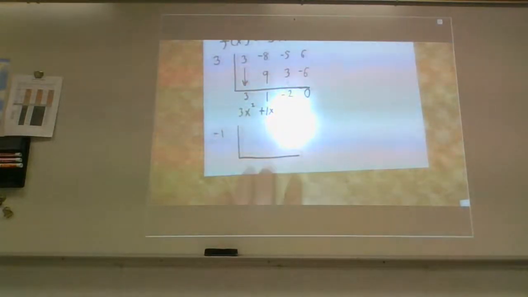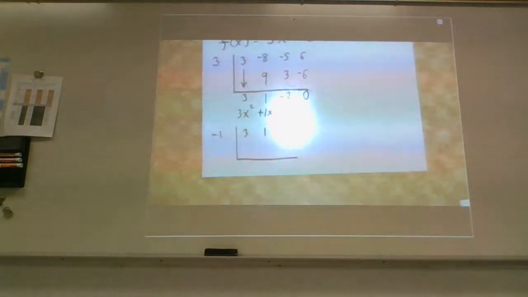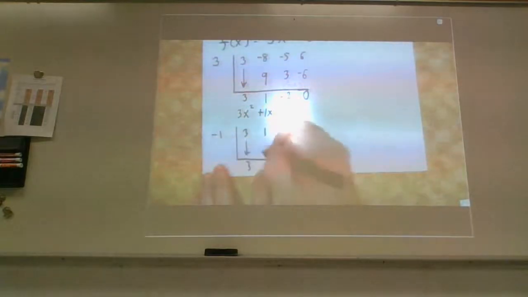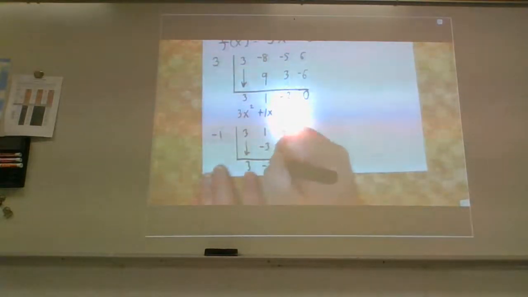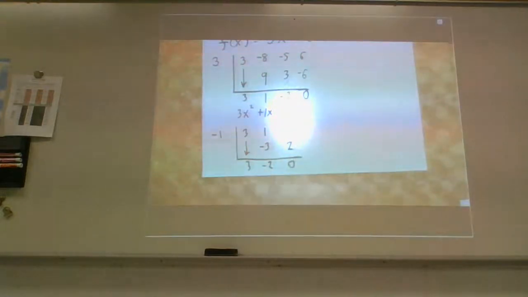Let's try it. Let's try -1. So I'm going to bring down that 3. I'm going to multiply. I'm going to add. I'm going to multiply. I'm going to add. It worked.